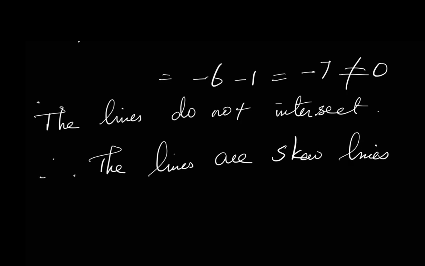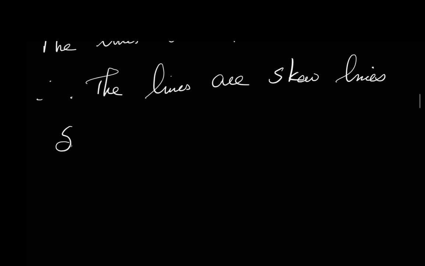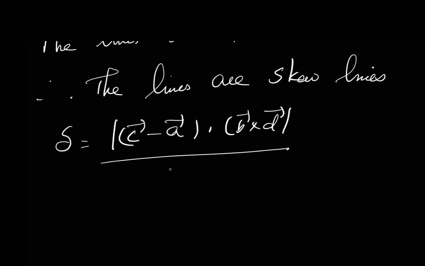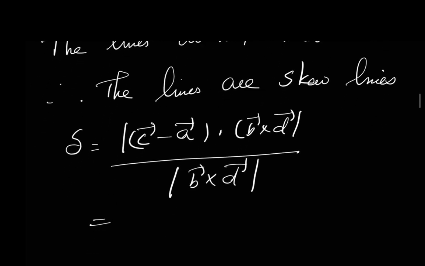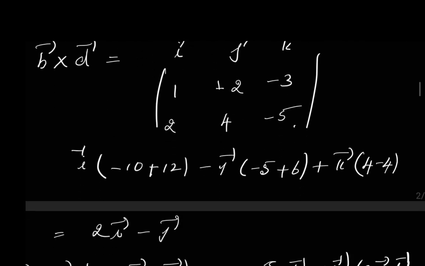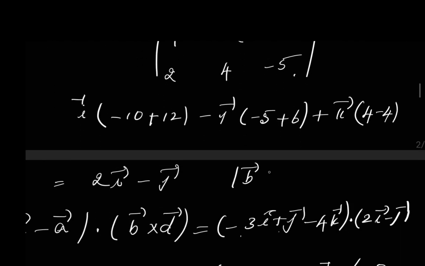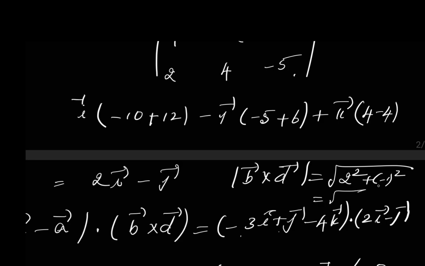So find the distance between the two skew lines: modulus of vector C minus vector A dot vector B cross vector D, divided by modulus of vector B cross vector D. Already you have got the dot product, and the denominator term is B cross D. The modulus of B cross D is the square root of 2 squared plus minus 1 squared: 4 plus 1 is 5, root 5.